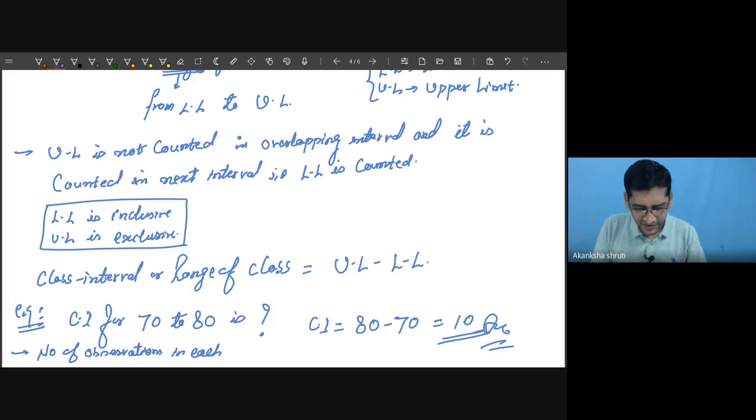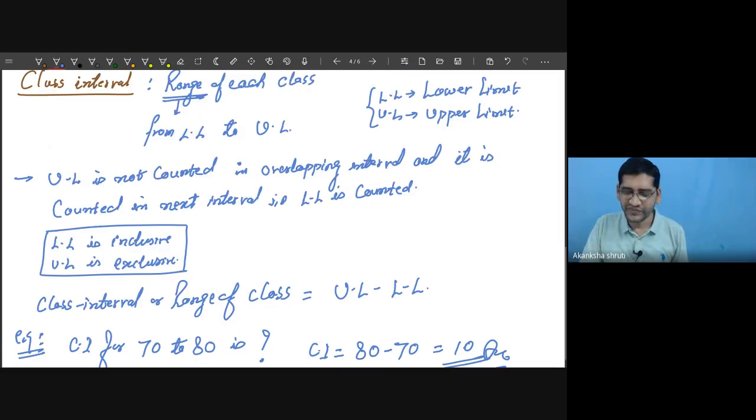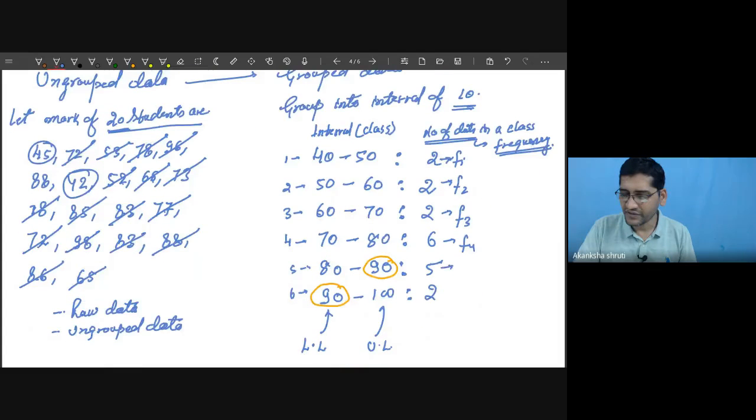How do we count these observations if the upper limit and lower limit data are there? The lower limit is inclusive and the upper limit is exclusive. The number of observations in each class interval is called what? Frequency of that class. So frequency is for the individual class. Here I may denote this by the frequency of the first class, frequency of the second class, the third class, the fourth class, and so on, the fifth class, and the sixth class.